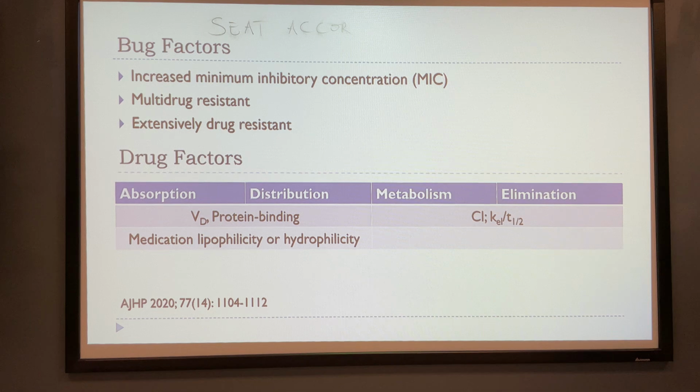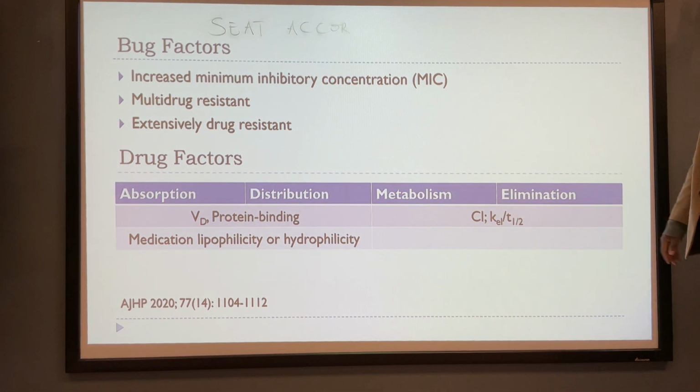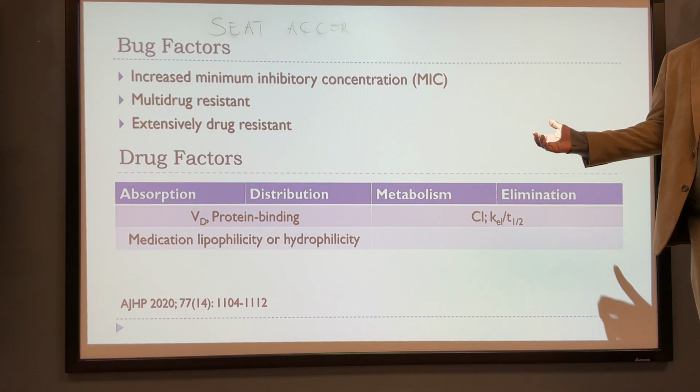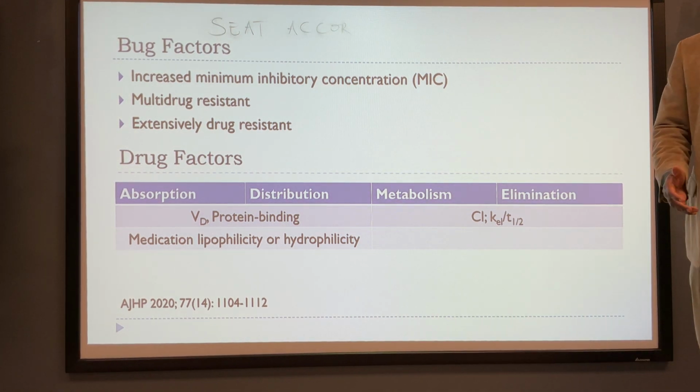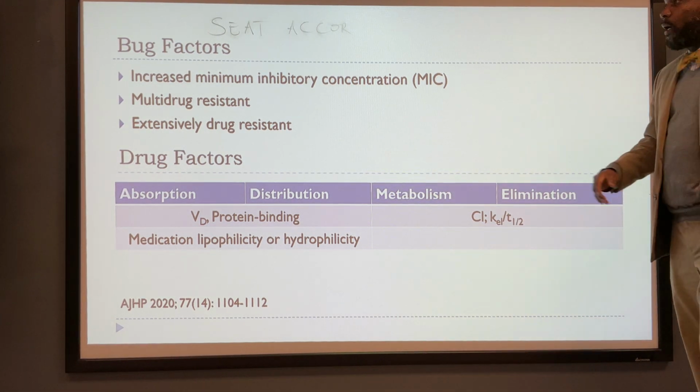You may need different concentrations, right? So you need to know what organism we're trying to treat in order to know what concentrations are our target. So it's not like, hey, this drug is going to have a specific concentration. It'll have a specific concentration based on what organism we're trying to go after.